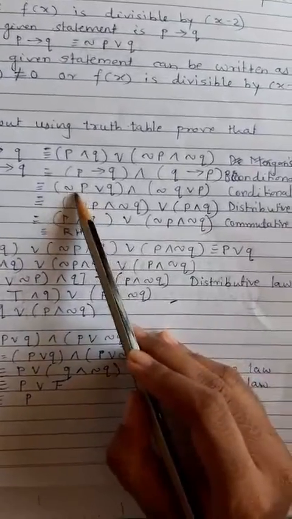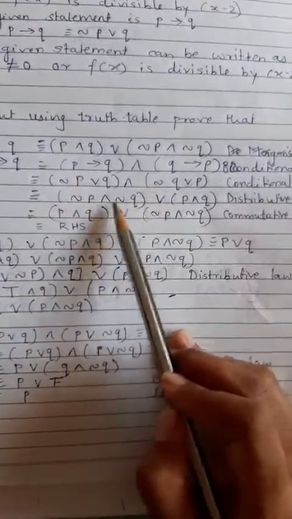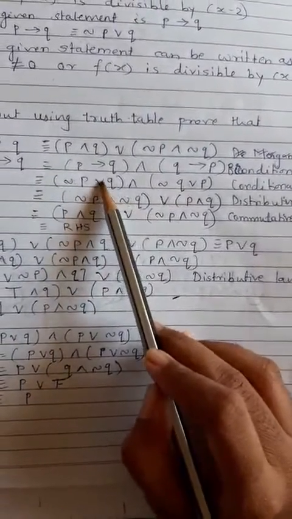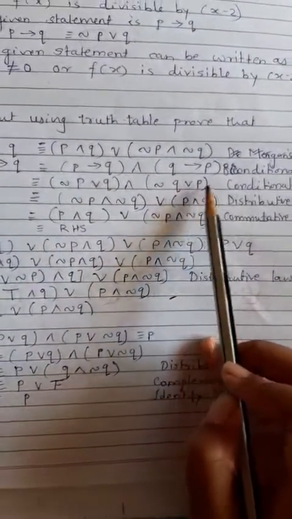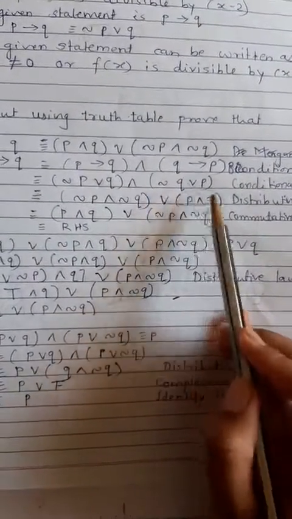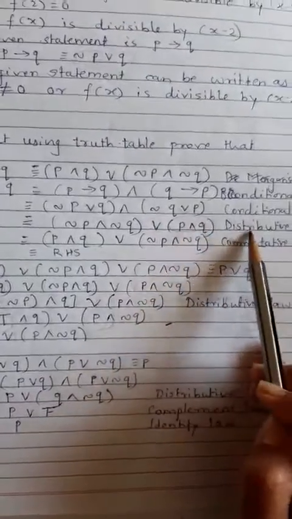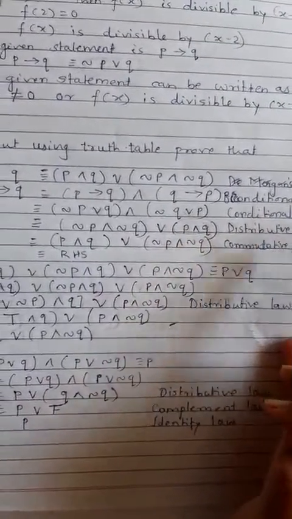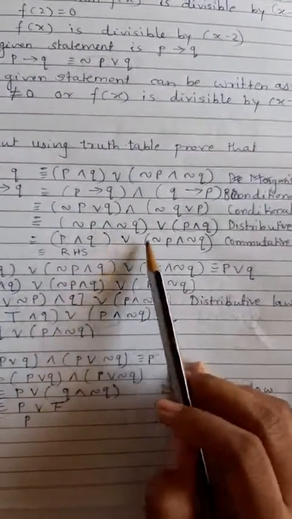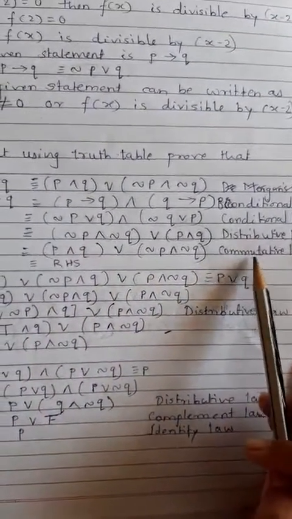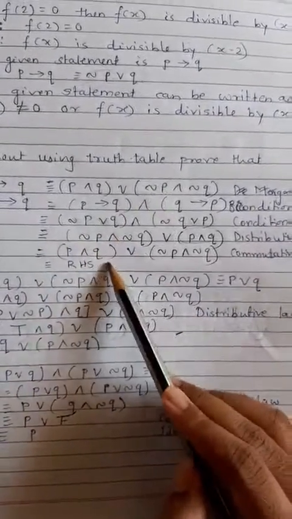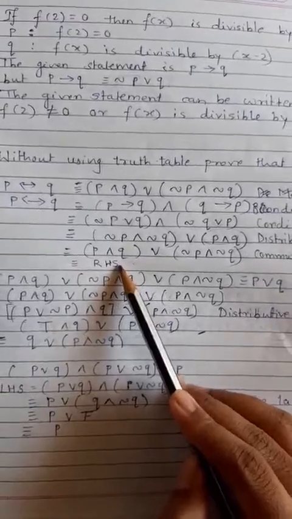So what we are doing here, negation P and negation Q, this we are taking common, and P and Q, or you can write it here as Q and P also. Here we have used distributive law. So P and Q or negation P and negation Q, this is commutative law. So here we have proved this. This is equal to RHS.